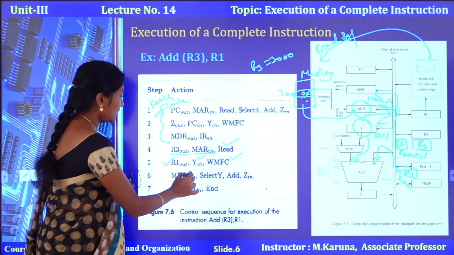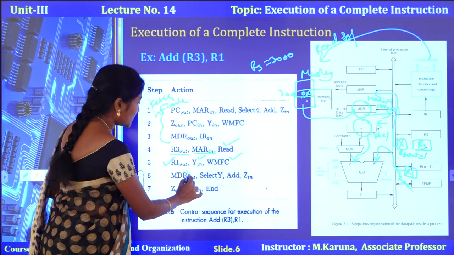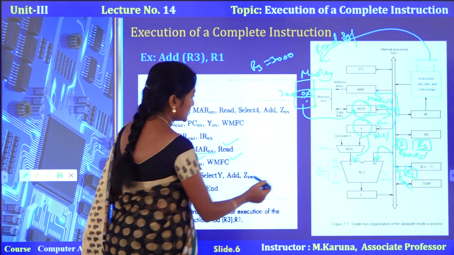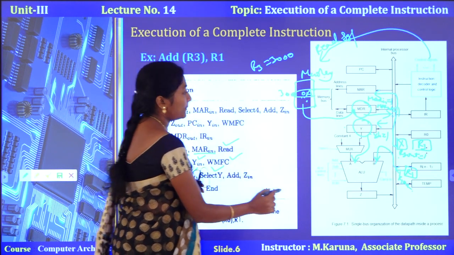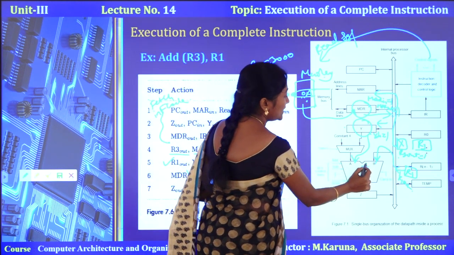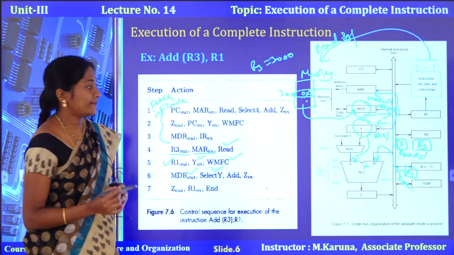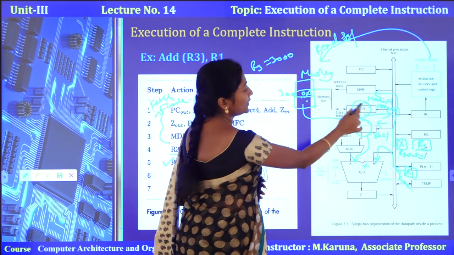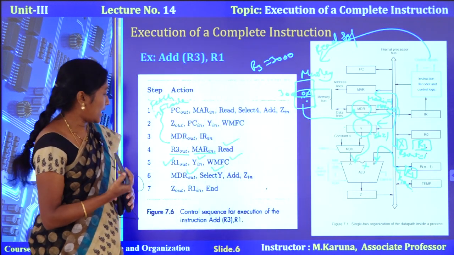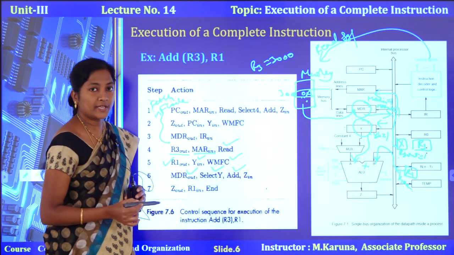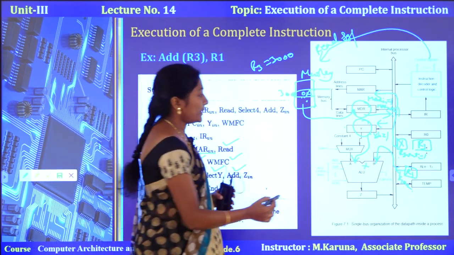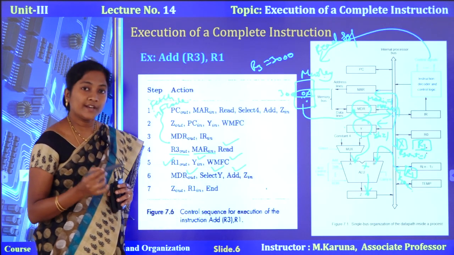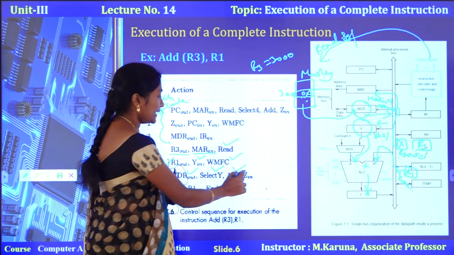Then select Y, mux selects Y, and perform add operation between these two operands. One operand is coming from R1, another operand coming from memory, and then perform add operation.